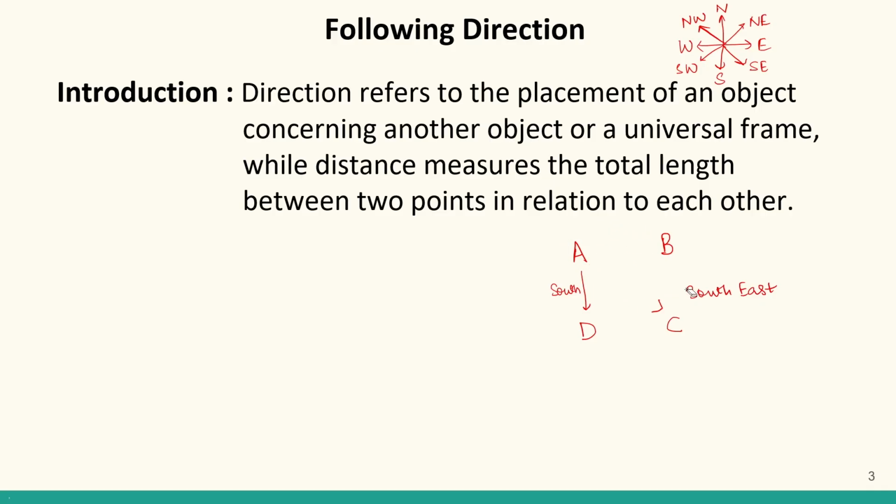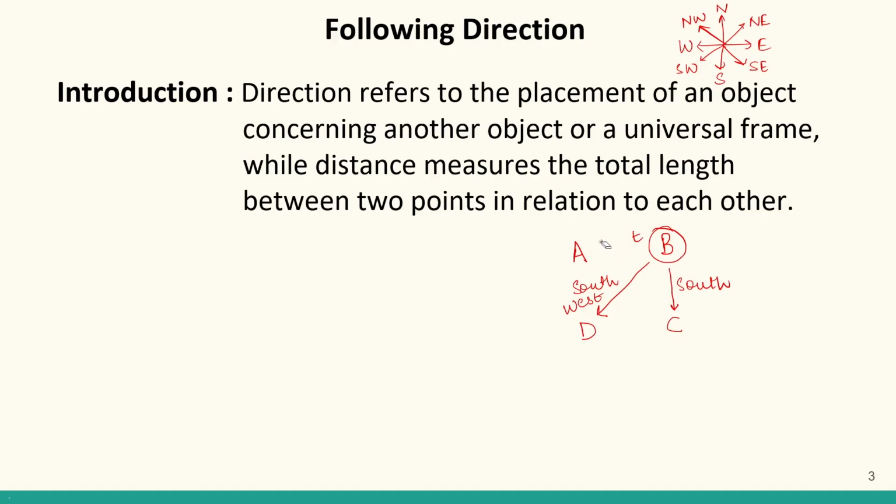Let us understand it from the point of view of B. From the point of view of B, A is to the west of B. Similarly, C is to the south of B. Therefore, D is to the southwest of B. This was in respect to B.